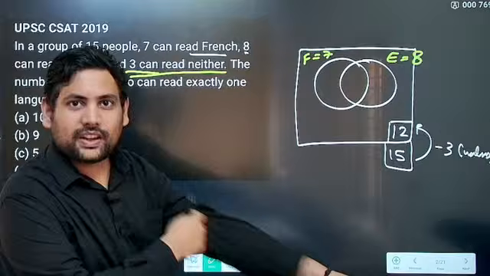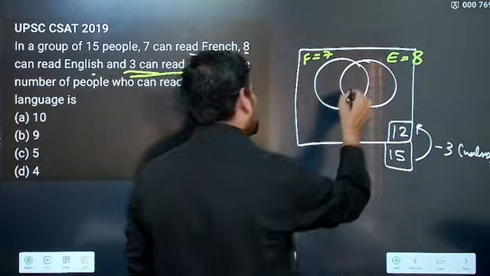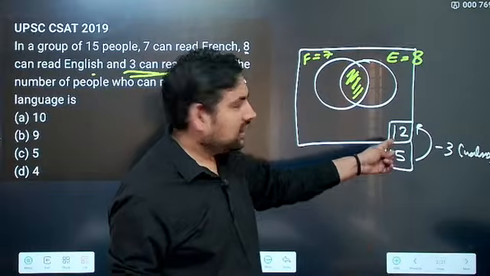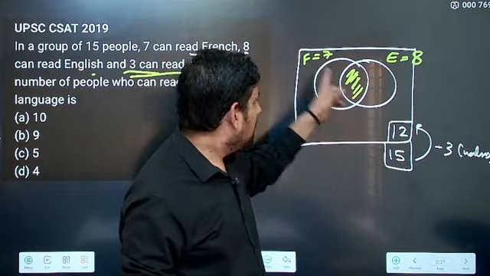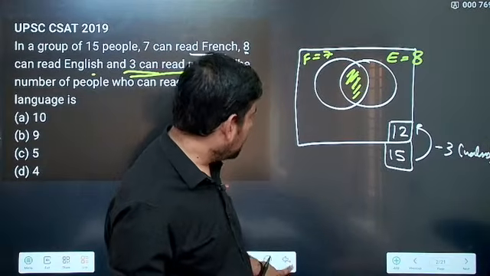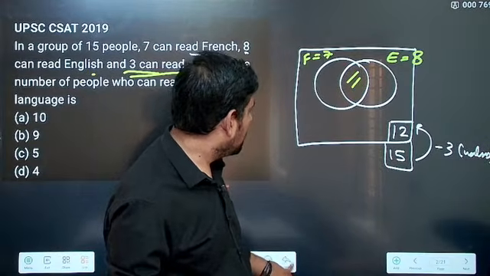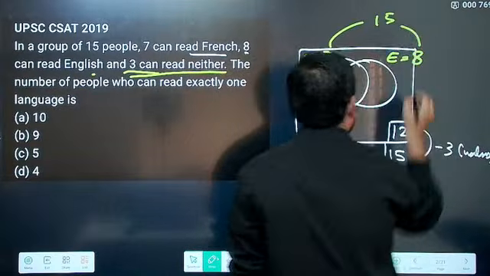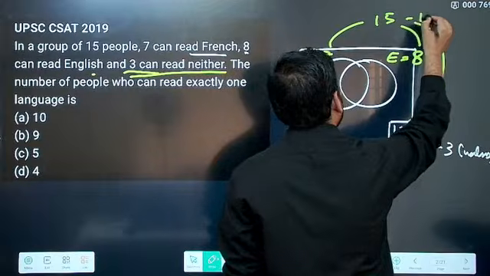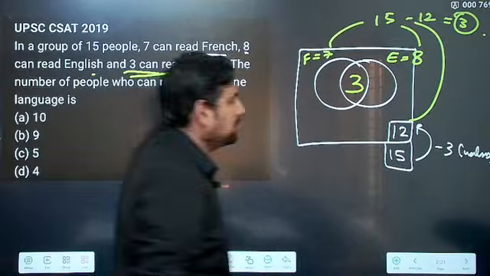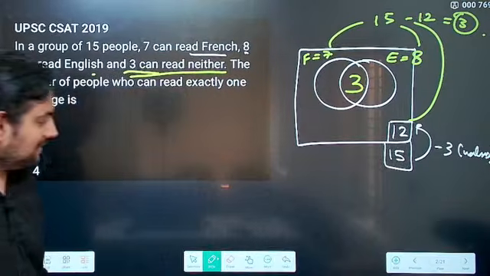Now, if I ask you how many people can speak both the languages, same process. Total should have been 12, but 7 plus 8 is 15. So whatever is the difference is equivalent to this common area. So 7 plus 8 is 15, 15 minus 12, what you get? 3. So 3 people speak both the languages.